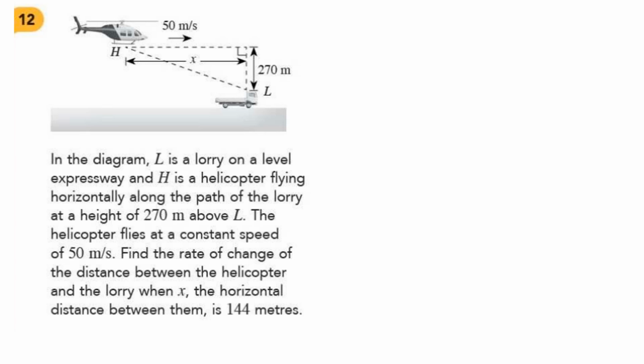And the helicopter is represented by the letter H, and it's flying horizontally along the path of the lorry and is vertically above the lorry at a height of 270 meters. The helicopter flies at a constant speed of 50 meters per second. Find the rate of change of the distance between the helicopter and the lorry when x, the horizontal distance between them, is 144 meters.